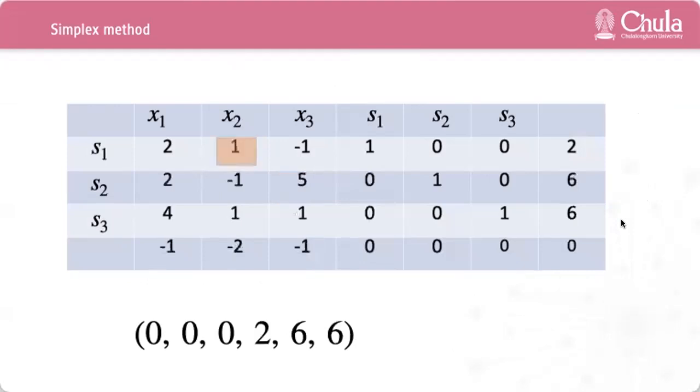All right, so you see that our basic variables are S1, S2, S3, and the non-basic variables are X1, X2, X3. The initial point is 0, 0, 0, 2, 6, 6.